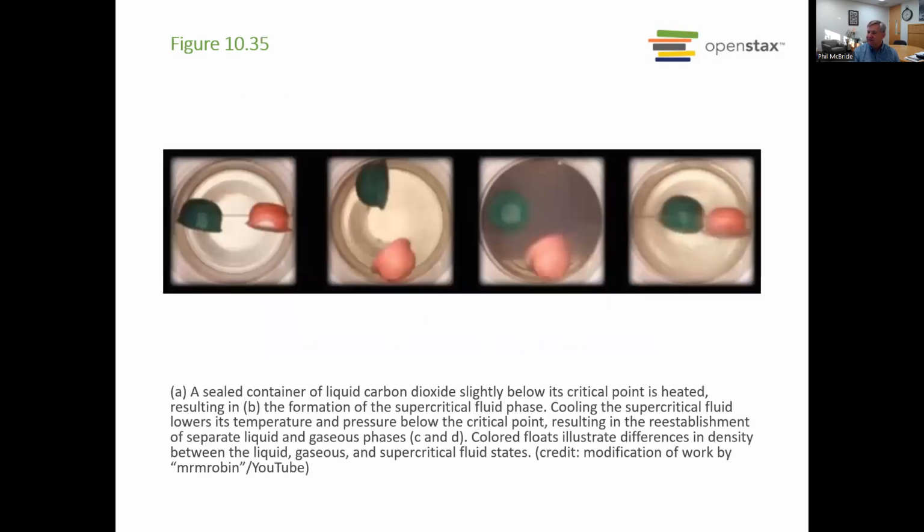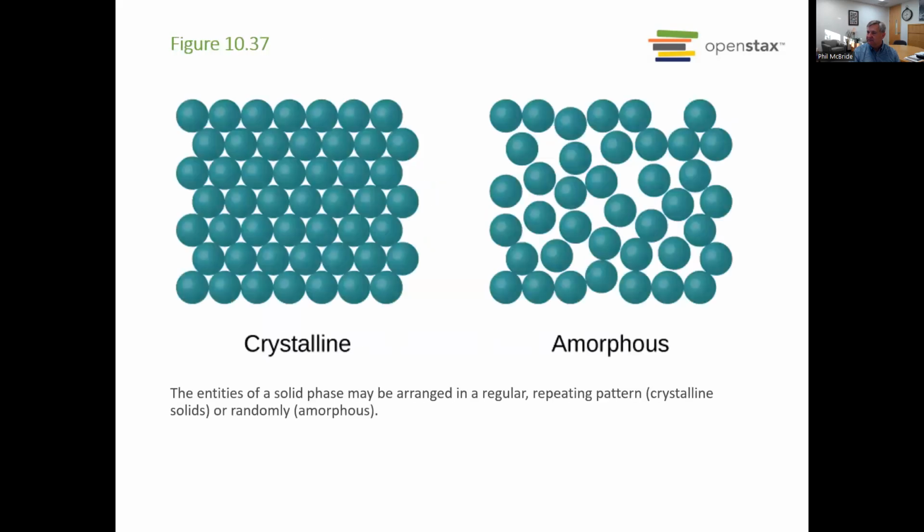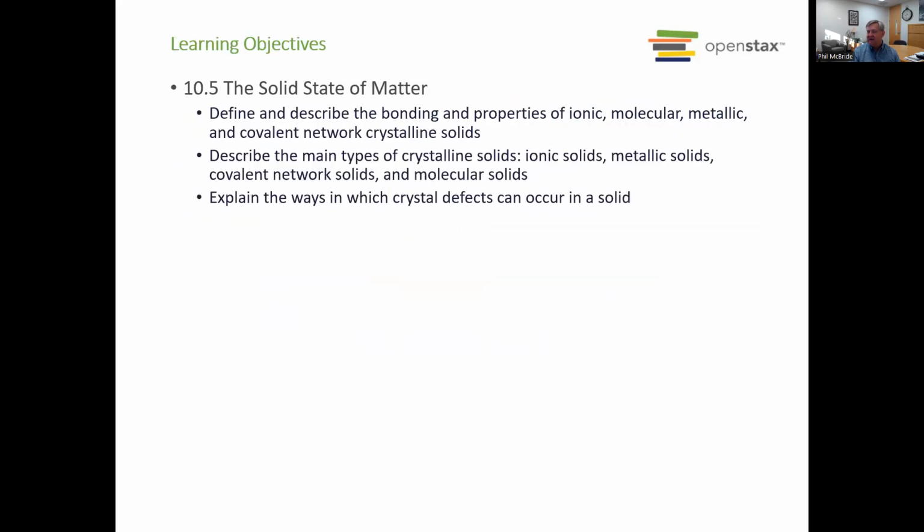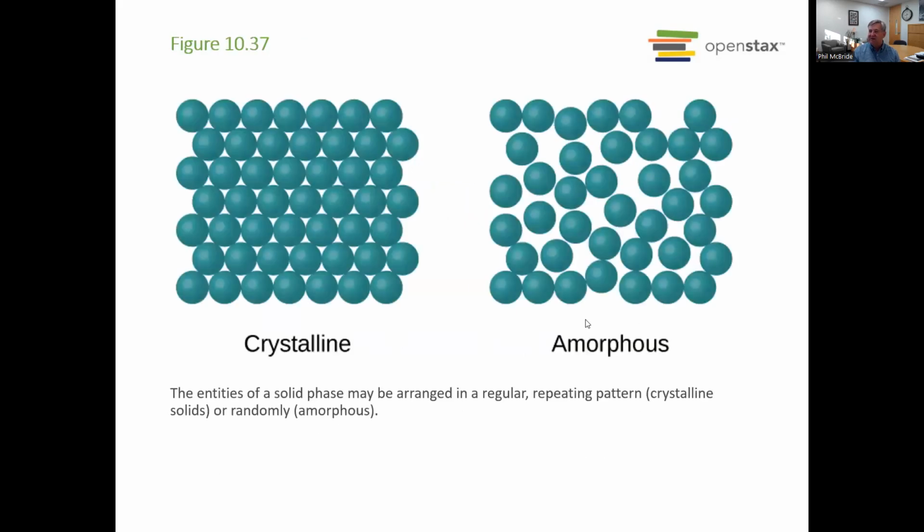All right, the last thing we need to look at is the solid state of matter. So solids, what do they look like? On the left, we have a crystalline structure, whereas the far right is amorphous, which is more randomly placed solid molecules. Crystal is a nice little organized structure.